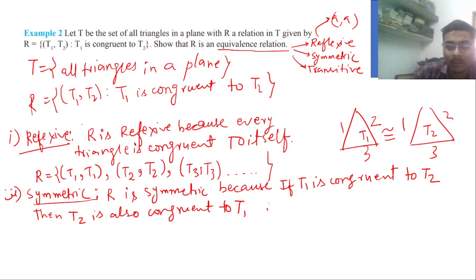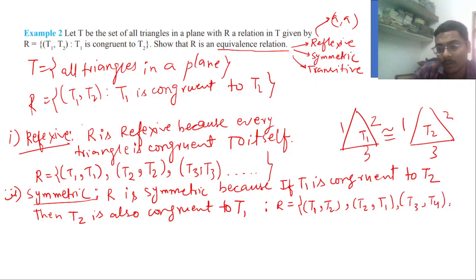So in the relation, we write T1, T2, then T2, T1 is also there. Similarly, if T3 is congruent to T4, then T4 is also congruent to T3. So this is how this relation R is symmetric.